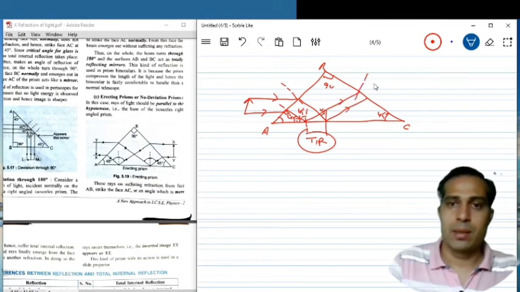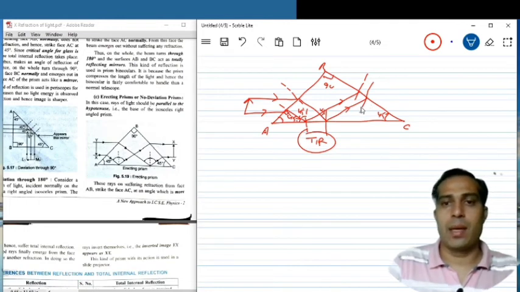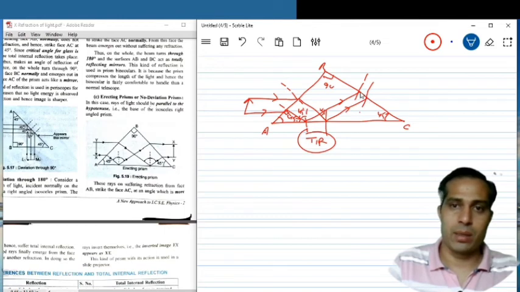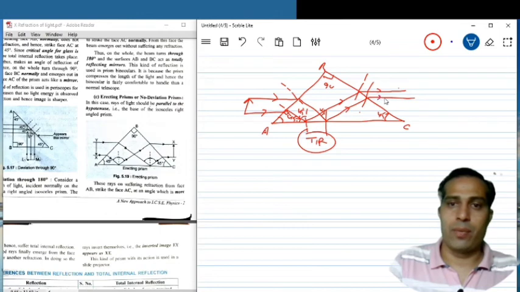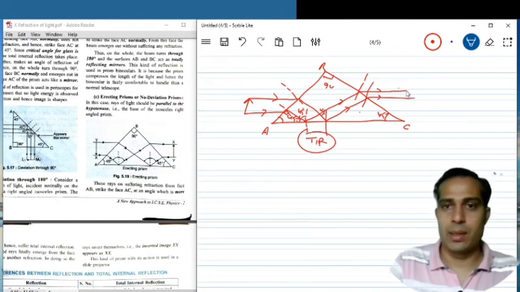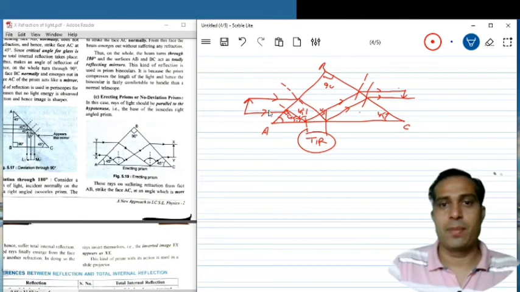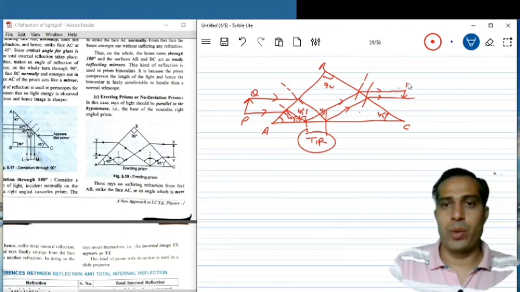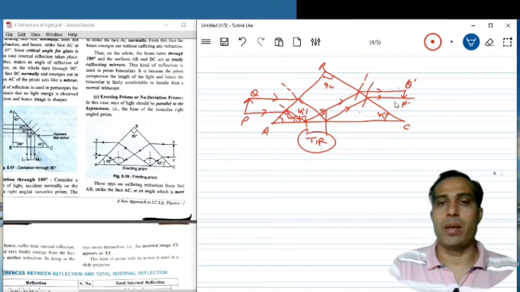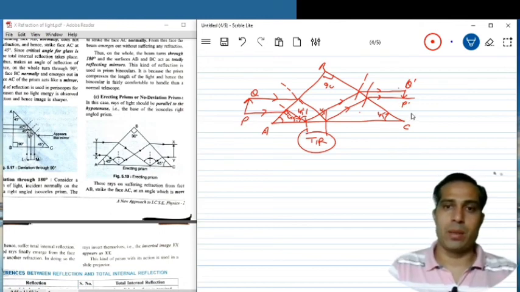Here again the angle of incidence is less than the critical angle, so TIR will not take place; a refraction will take place like this. So it will refract and emerge out, and here the inverted image will form. Here it is upright, that is PQ, and P dash Q dash will be the inverted image. This is the upright image and this will be the inverted image.